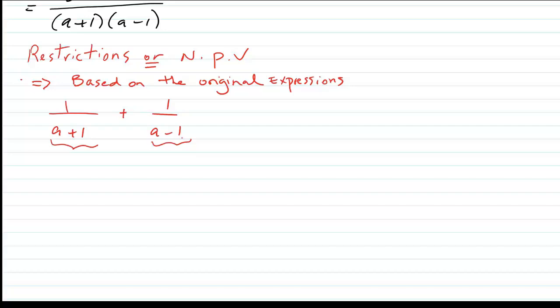So what values of a can we not have? So here, a cannot be negative 1, and in here a cannot be 1. These are your non-permissible values because they make each of these expressions undefined. It becomes 1 over 0, and that's not allowed.